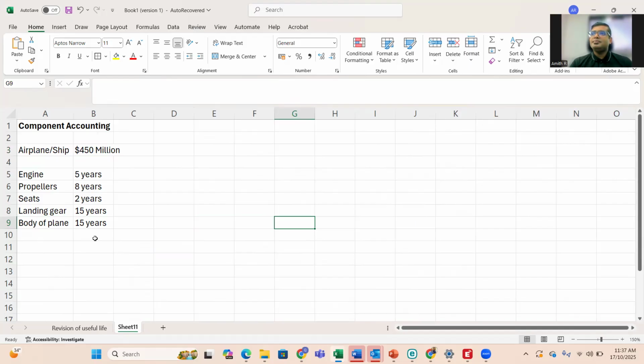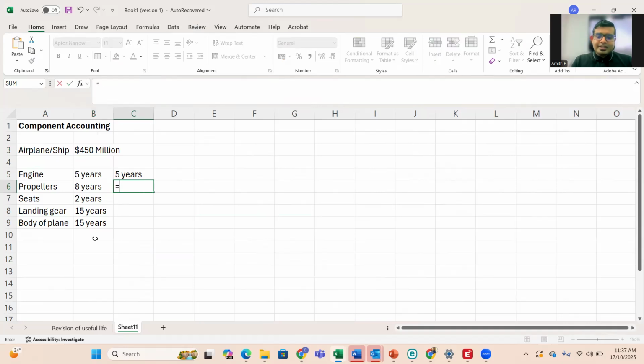Yes or no? So the engine may have to be replaced, right? So I would just choose its useful life as 5 years, and whatever is their useful life, we would only be accounting based on that.